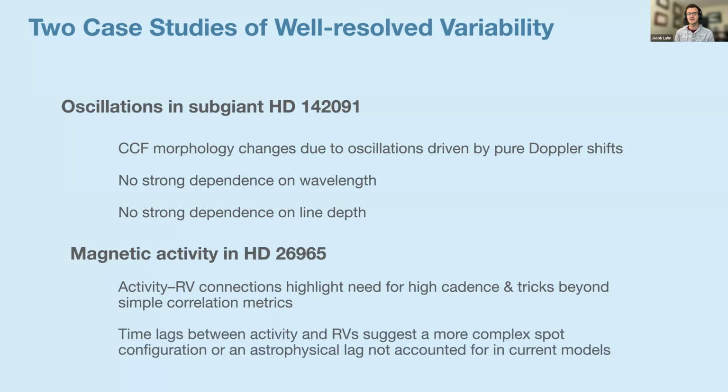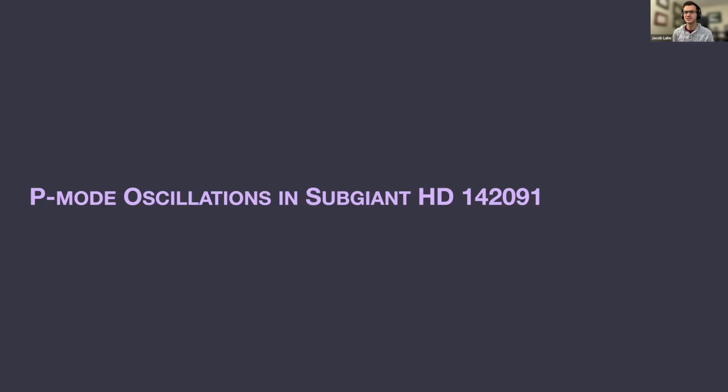And then specifically on this target, we see time lags between activity and radial velocities that suggest either perhaps a more complex spot model or maybe an astrophysical time lag that isn't currently accounted for. So with that, I'll jump into p-mode oscillations in this subgiant target.